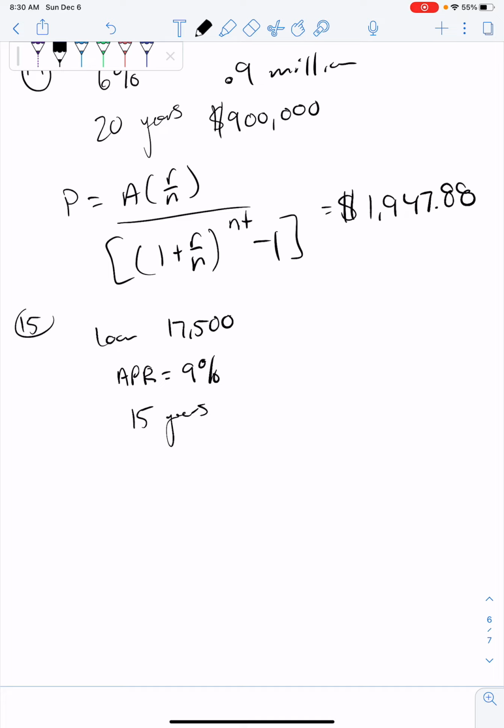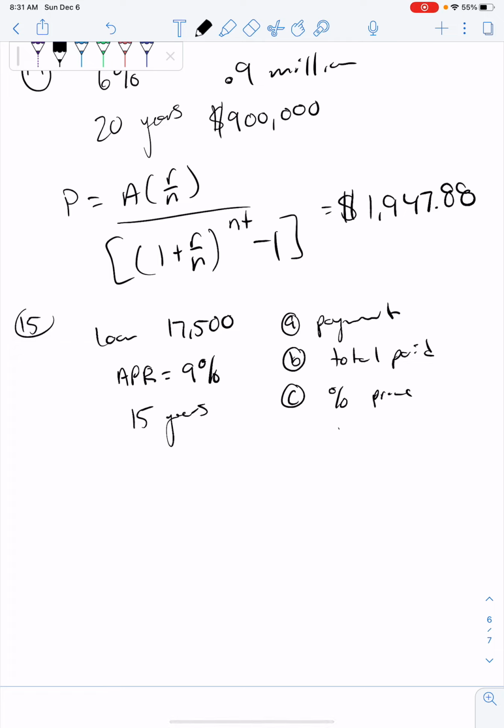So it wants me to do a couple of things. Calculate the monthly payment. It wants my payment, and then it wants the total amount paid over those 15 years. And then it wants the percentage that was principal and the percentage that was interest.